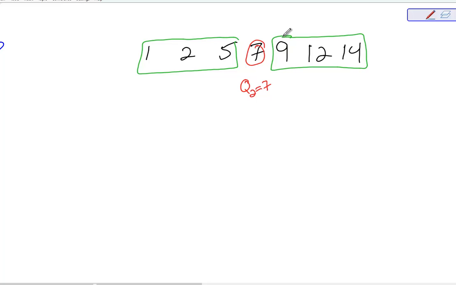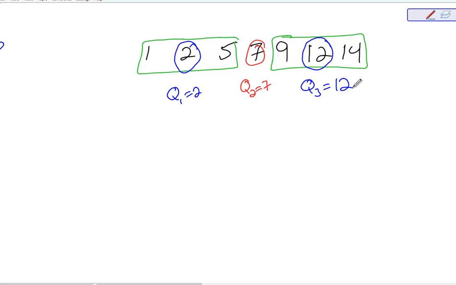I don't include the Q2. So the median of the lower numbers is going to be 2, so my Q1 is 2. And the median of my upper numbers, which is Q3, is going to be 12.